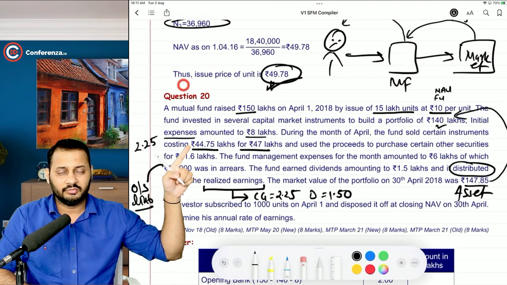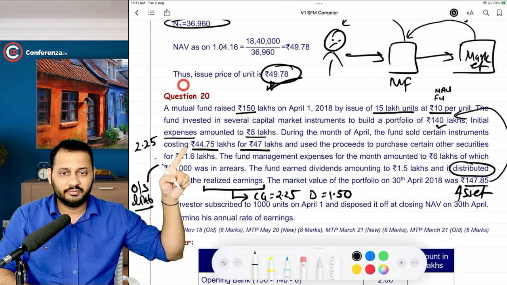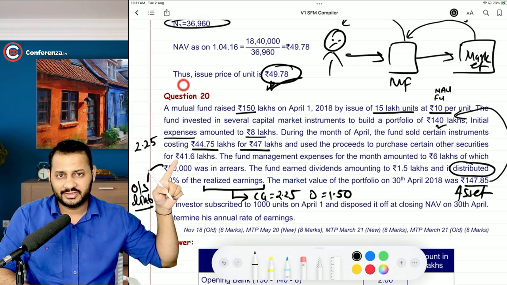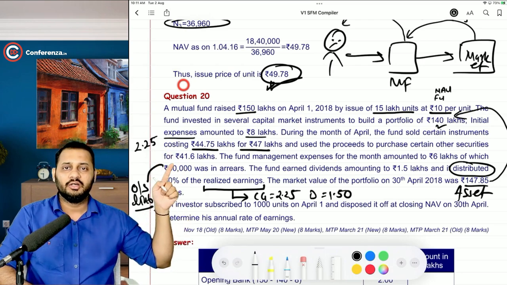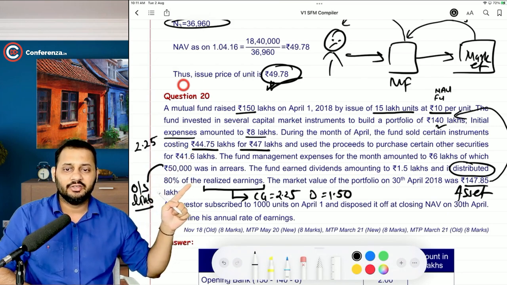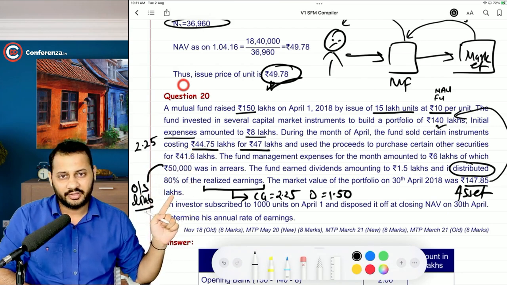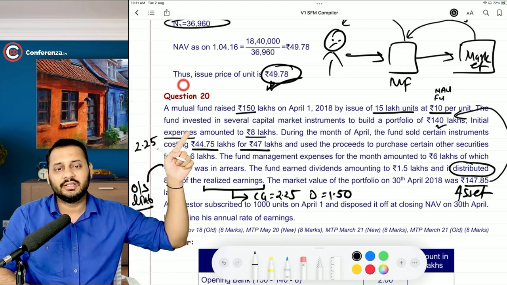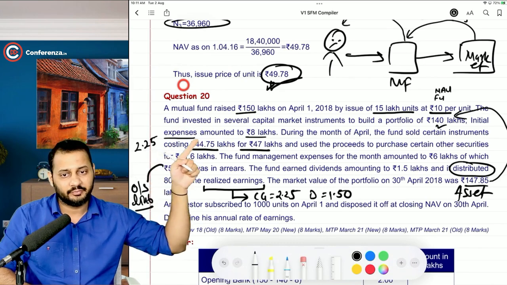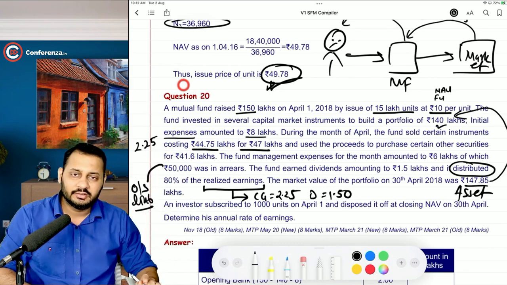It excludes the item which has already been sold by us, and it also includes 41.6. So the market value of the net investment that we have made is 147.85, for all the investments that we have purchased and sold.